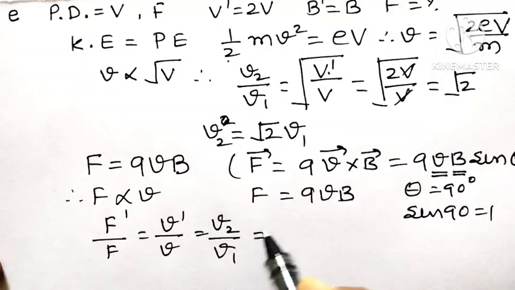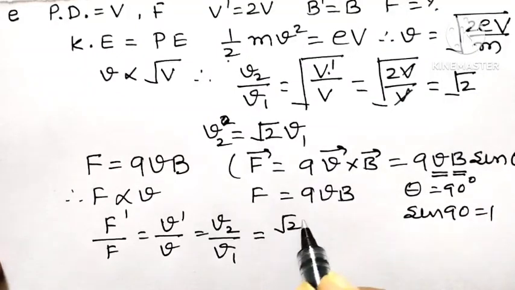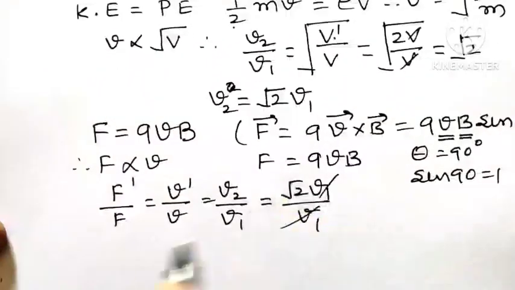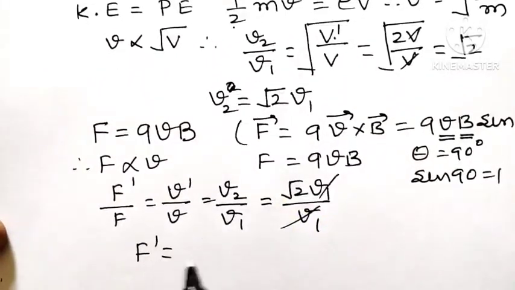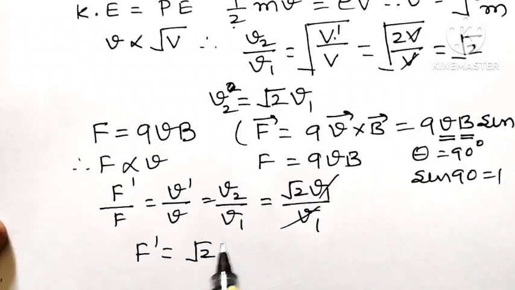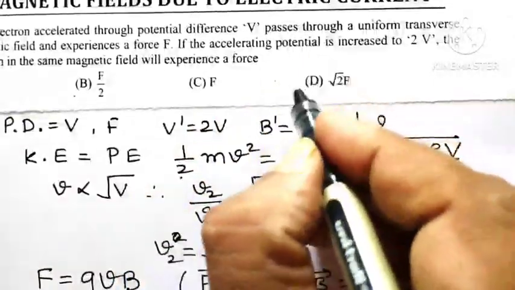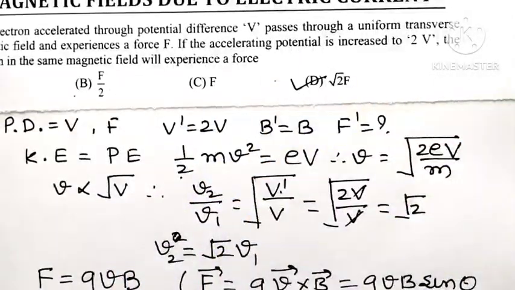What is V2? V2 is equal to root 2 V1, upon V1. So V1 gets cancelled with V1, and we can say F dash is equal to root 2 times F. So out of the 4 options, option D, root 2 F, is the correct option for this question.